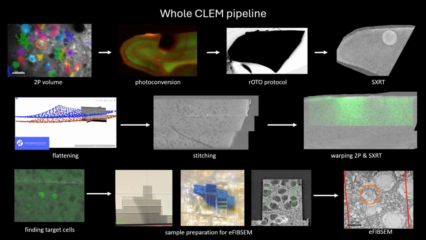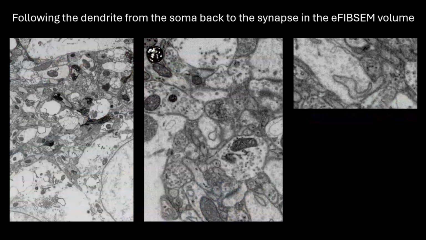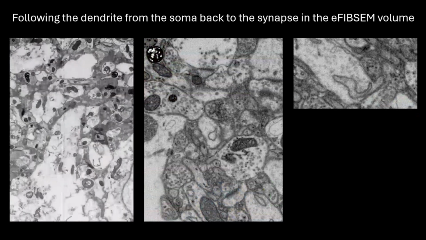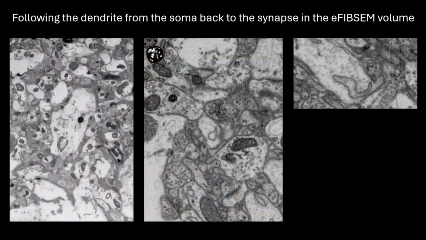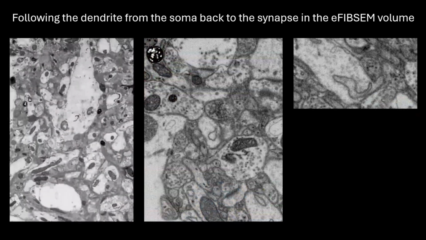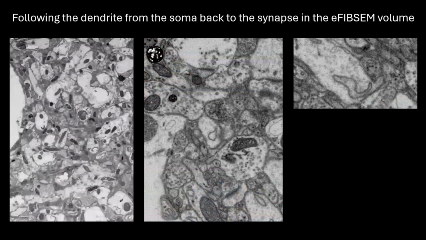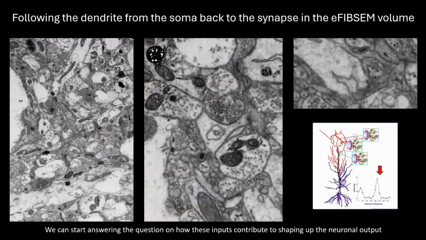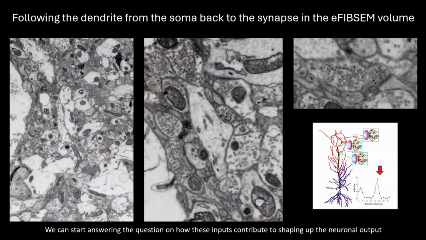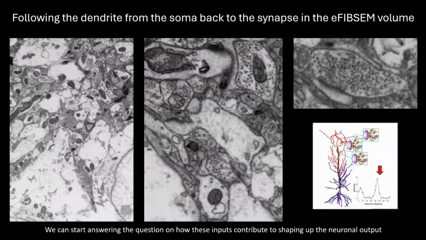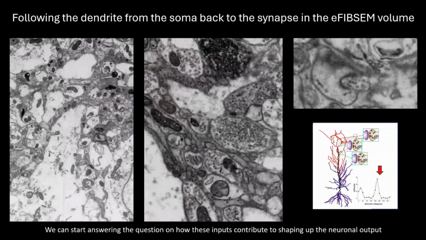In fact, we do have one volume where we have a cell whose output activity is known on the left-hand corner, and its dendrite is just going across the section now. And if we have a look at the higher resolution volumes, we can see these presynaptic boutons going around this dendrite.